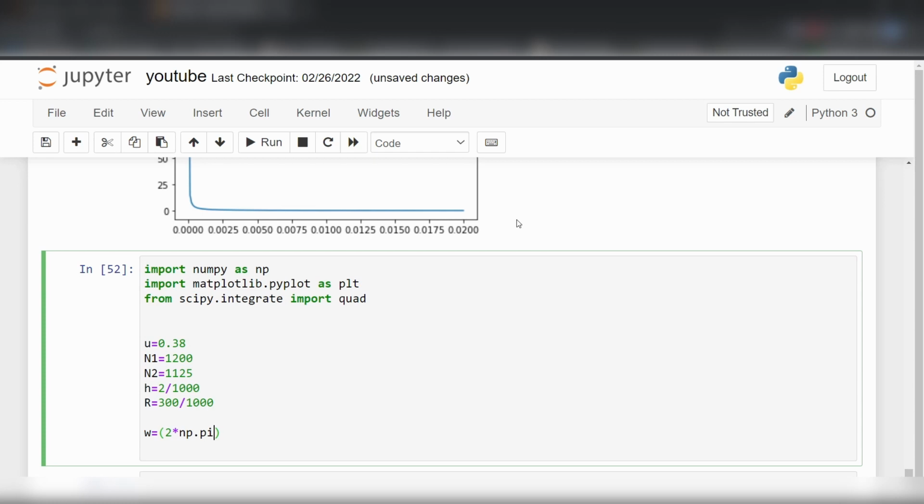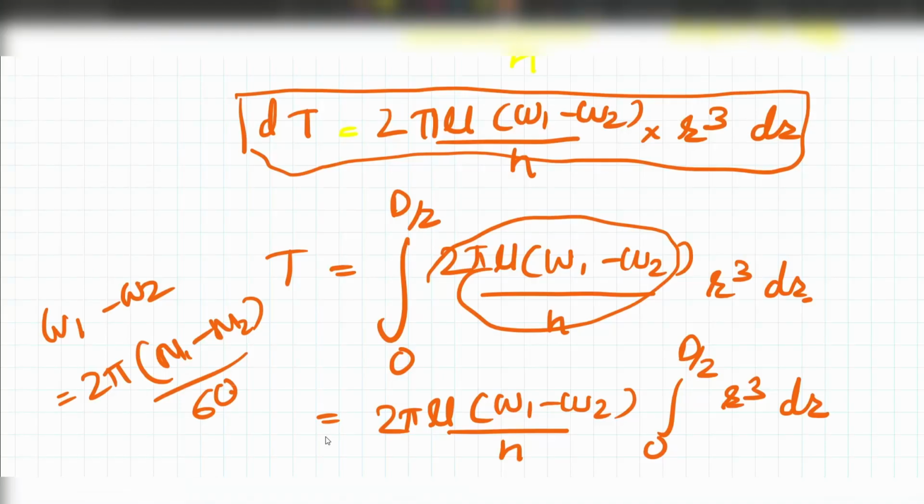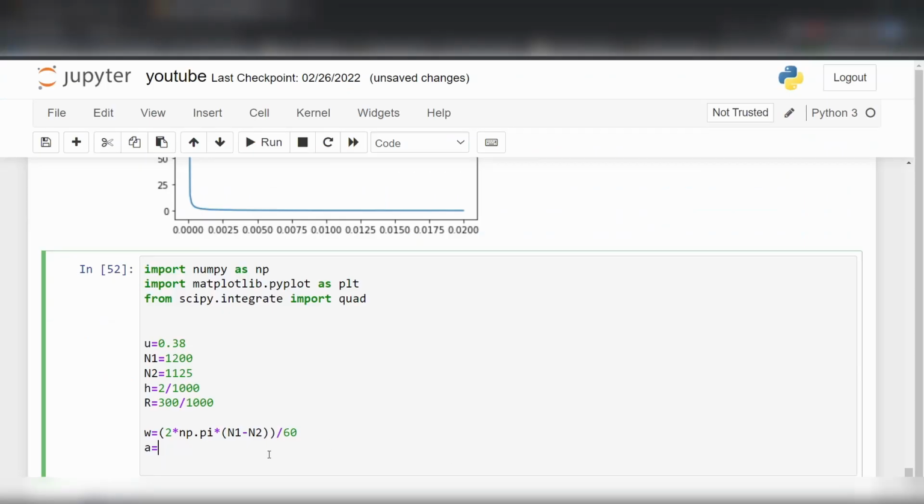And A is this whole constant, 2 pi mu omega 1 minus omega 2 divided by h. So A is equal to 2 multiplied by np.pi multiplied by mu multiplied by w and divided by h.